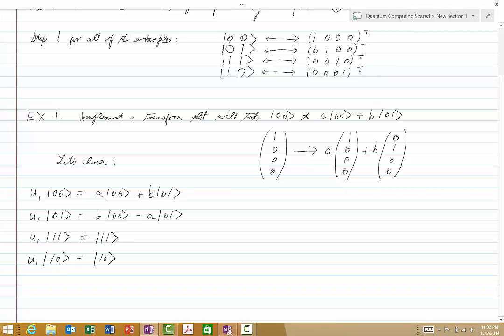And notice that I've listed the action of U1 upon the various states in the same order that those states are in the basis.